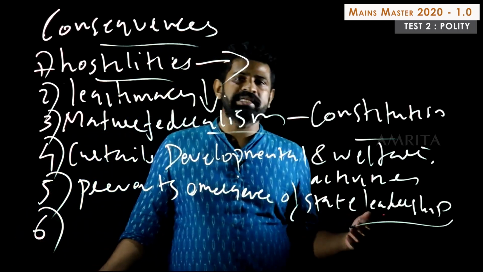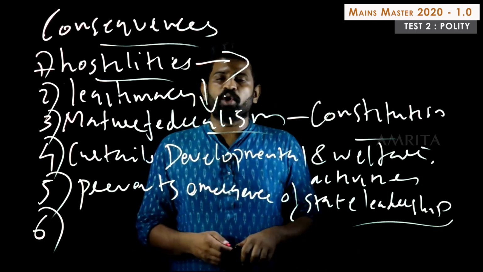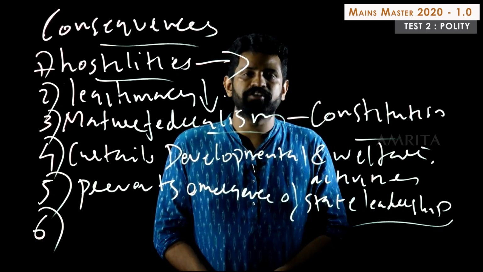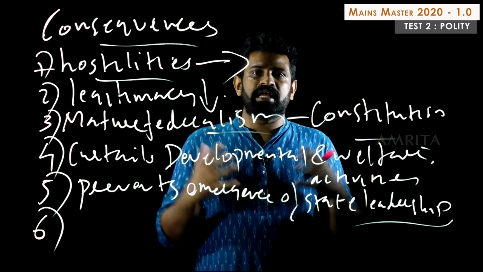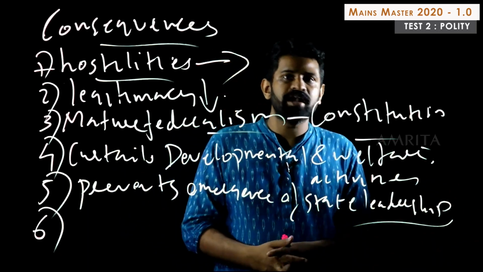What are the consequences this misuse of Article 356 has on the federal setup? Overall, the state government would be undermined. The public there would be severely affected. It prevents the emergence of a proper political system in the state, and the proper maturing of federalism.